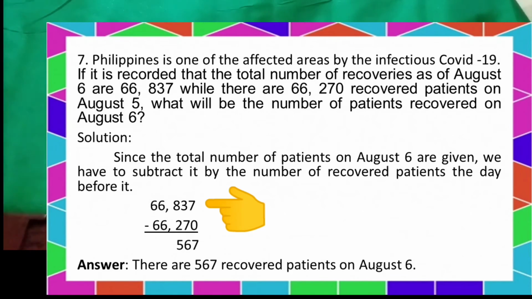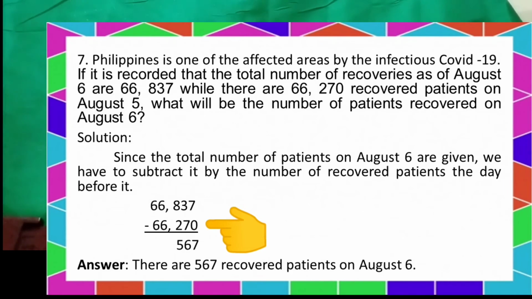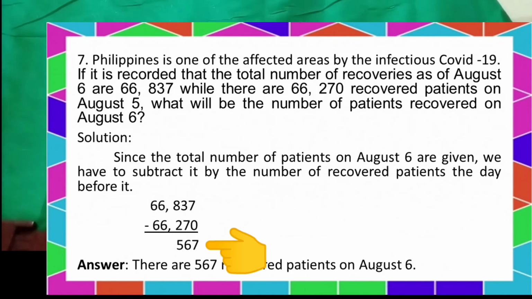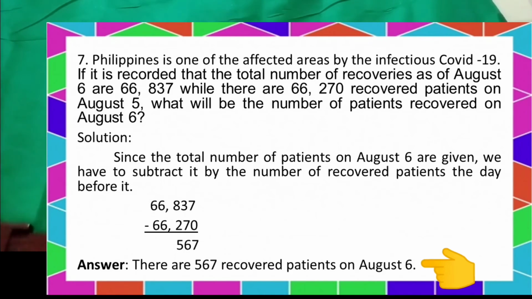So 66,837 minus 66,270, and that will result to 567. So our answer will be, there are 567 recovered patients on August 6.